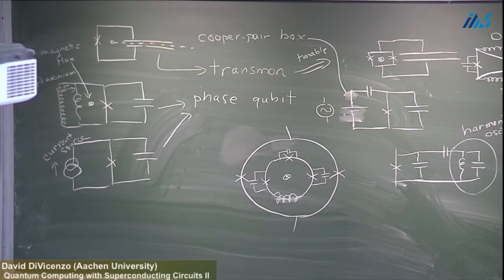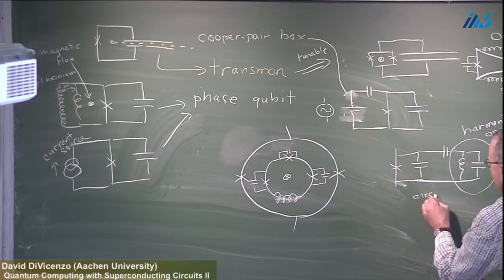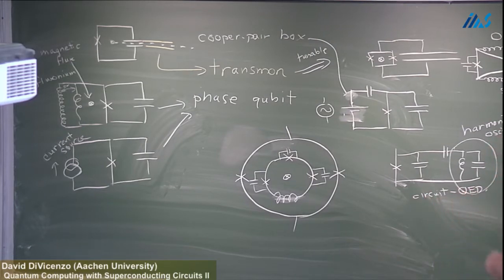Well, not by itself, I guess. This is the first instance of circuit QED, maybe, but it's not really a name of the device. It's a device for realizing quantum electrodynamics in the microwave, sort of in a circuit.